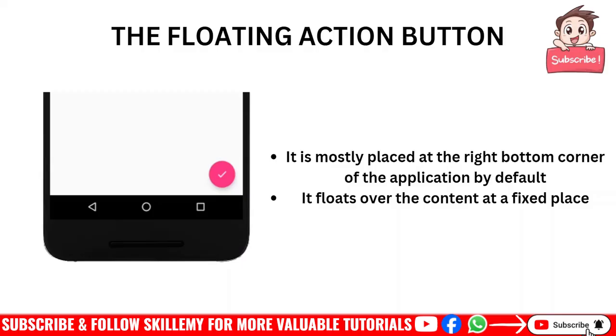And it also floats over the content at a fixed place. Let's say your application has some text and other content inside it. In the case of the floating action button, it stays elevated, on top, at a fixed place, and anything underneath it, once it comes over it, you won't be able to see, because the floating action button is just on top of your screen, a bit elevated.